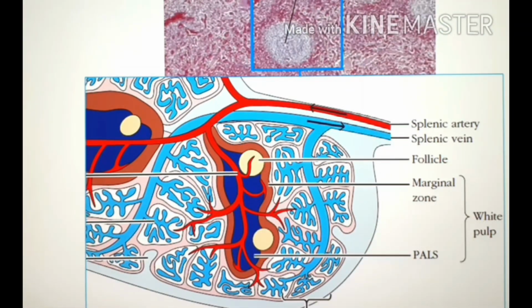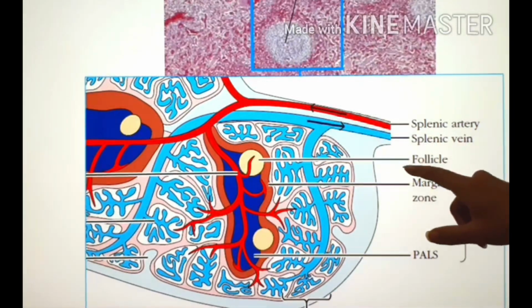More recirculating lymphocytes pass daily through the spleen than through all the lymph nodes combined. In our body there is a huge number of lymph nodes, but the recirculating lymphocytes that pass through the spleen daily are far greater than all the lymph node migration of cells combined.